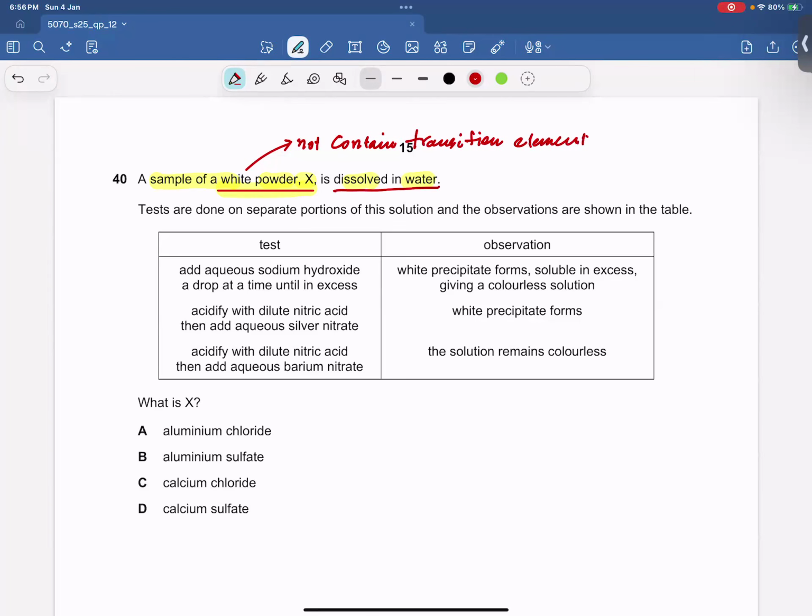Dissolved in water, that means calcium sulfate is incorrect because calcium sulfate is insoluble in water.